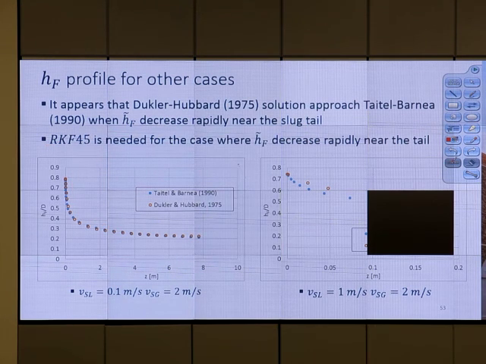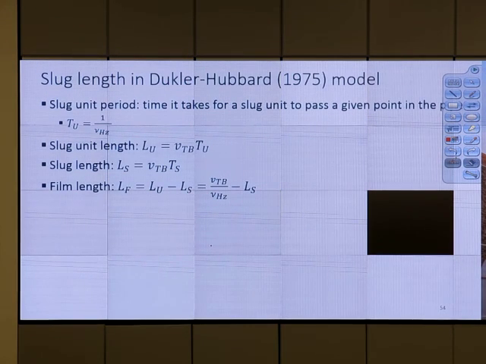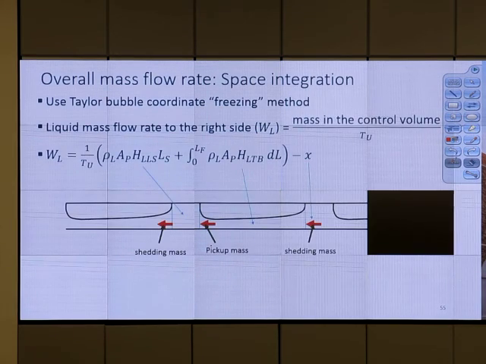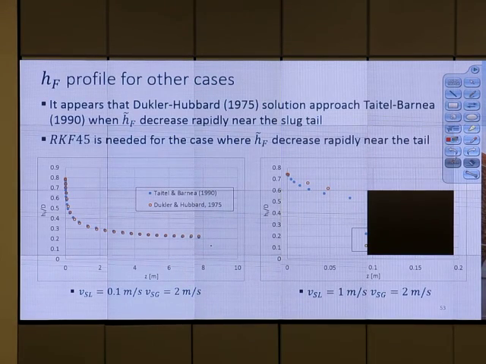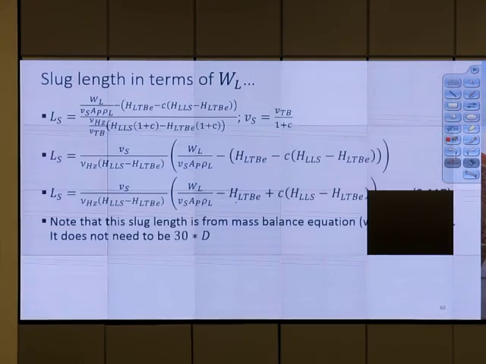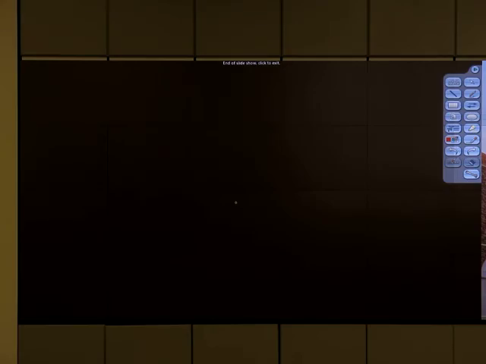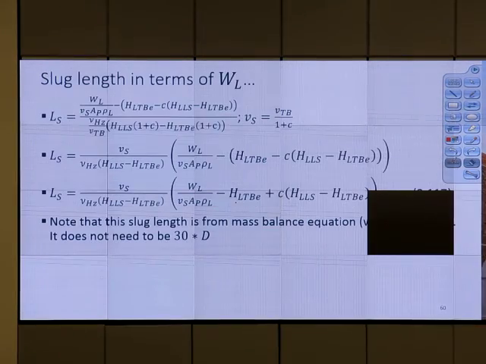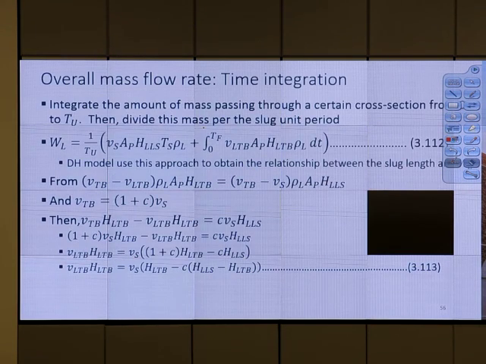I don't know. Okay, now you know that it can be solved for the film profile, right? Next step is, what's wrong with the film profile that we talk about? We can calculate WL. You see this WL, time integration.